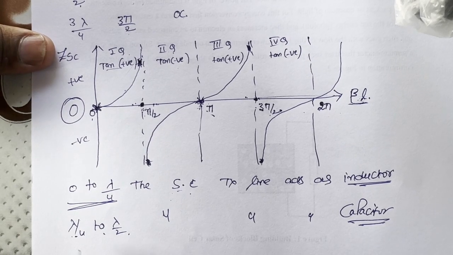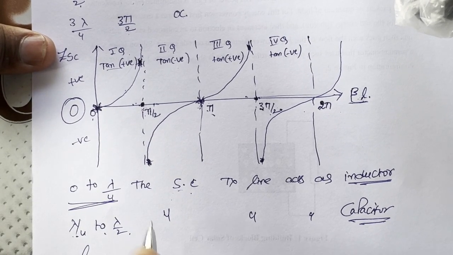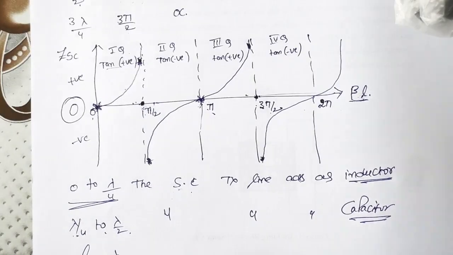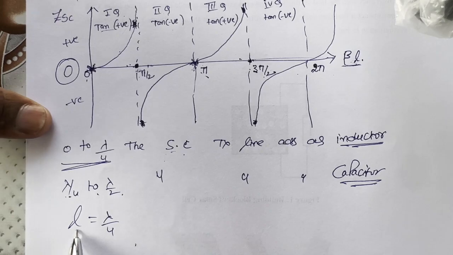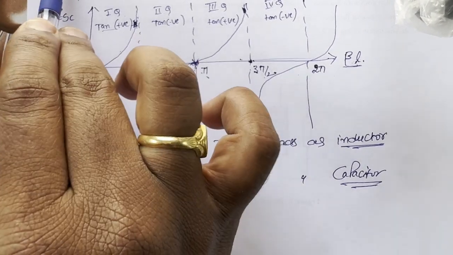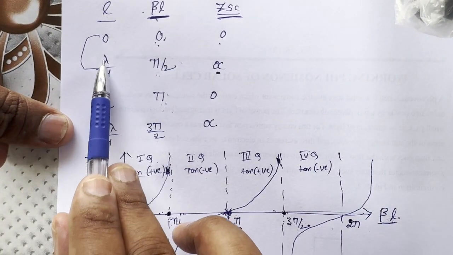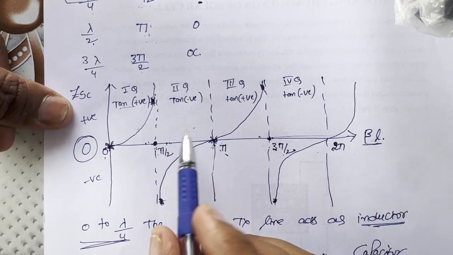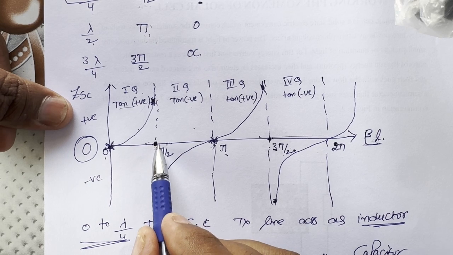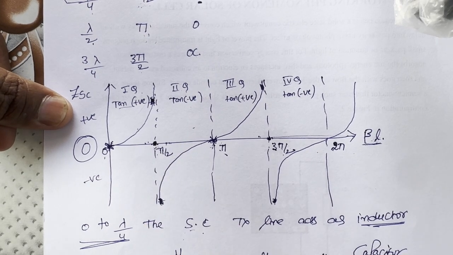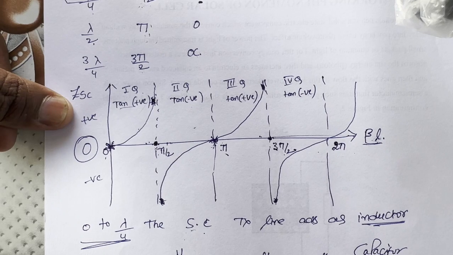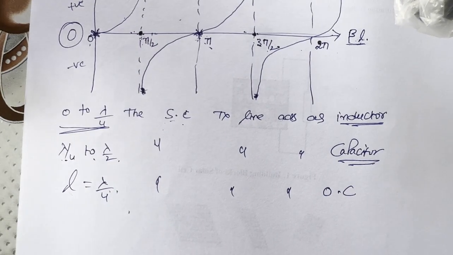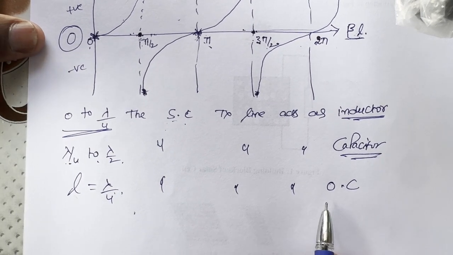And at the same time, only at L equal to lambda by 4, that means pi by 2, at this point there is no line, so the short-circuited transmission line acts as an open circuit.